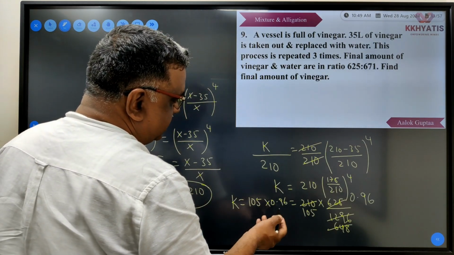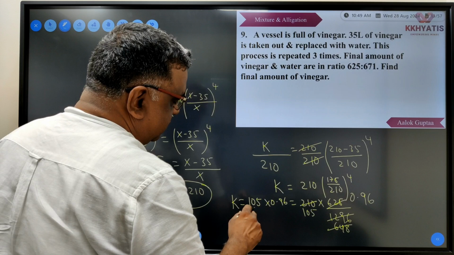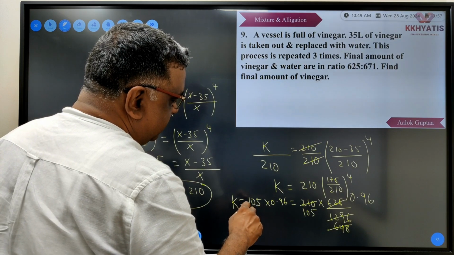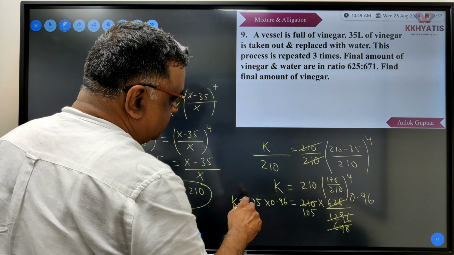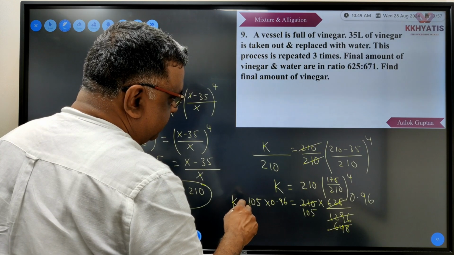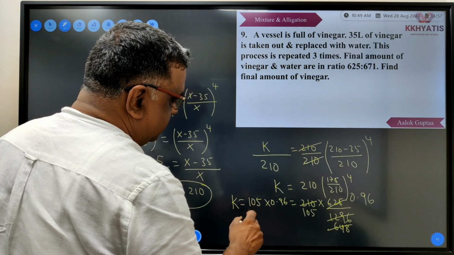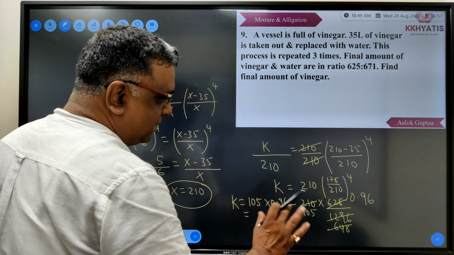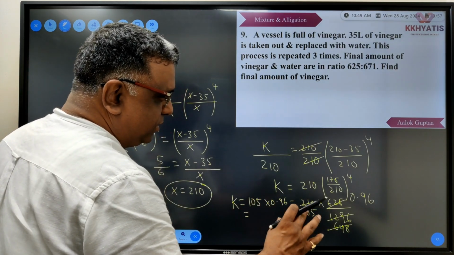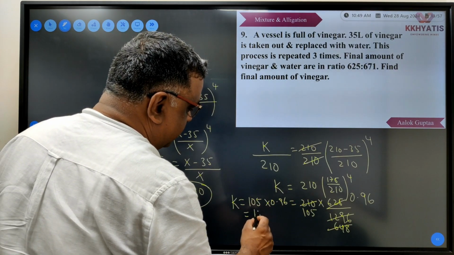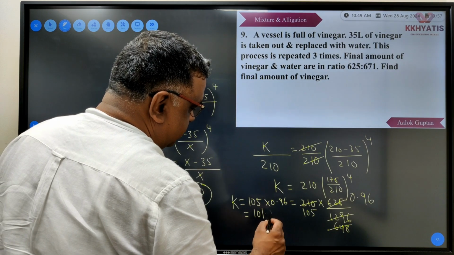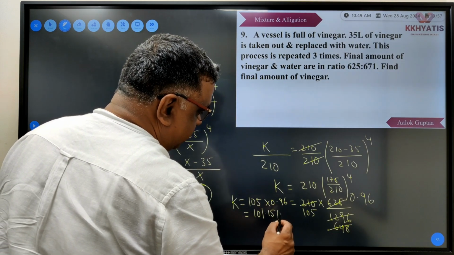It will be less than 0.04 of 105, approximately 4 liters, approximately 3 point something liters less. So I can write 101 point something, 15 or something liters would be pending.